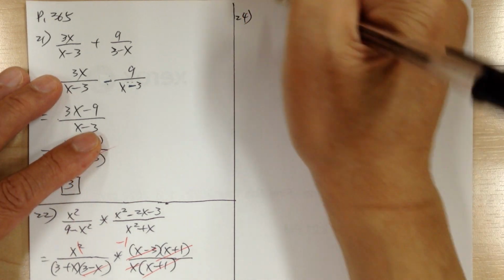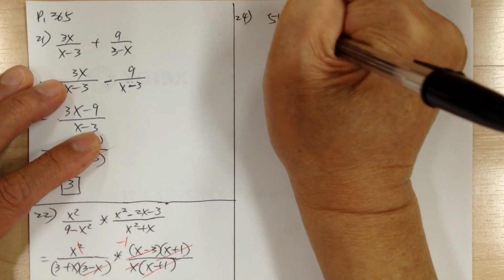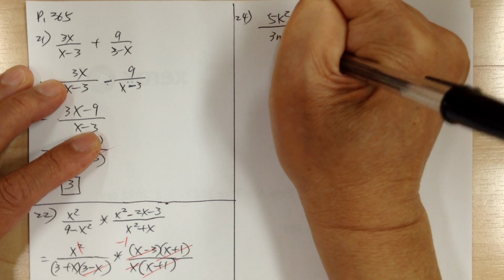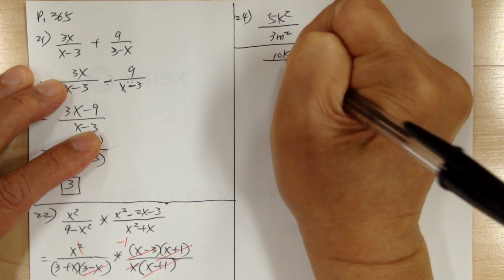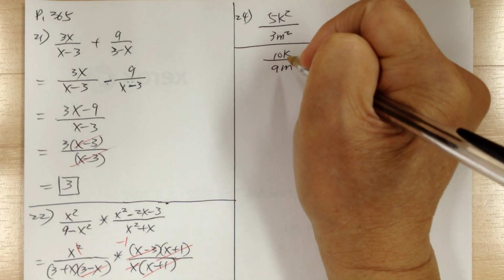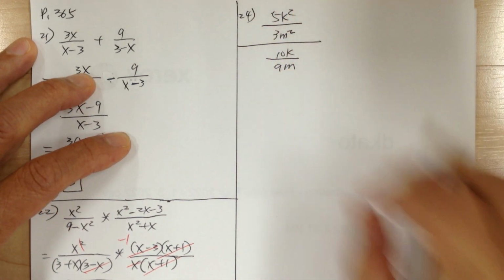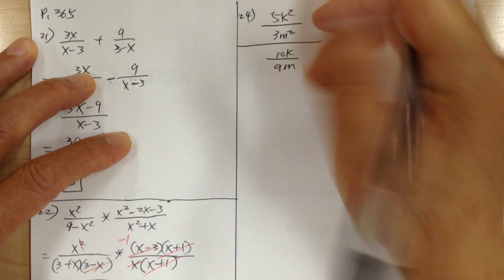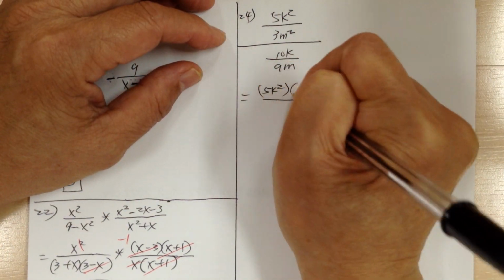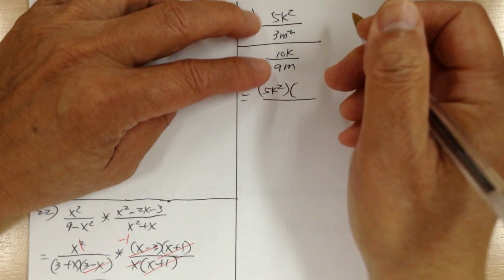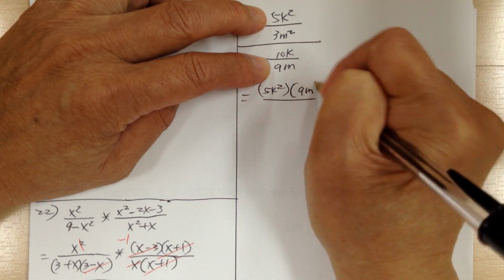Okay, 24. You have 5k squared over 3m squared over 10k over 9m. When there's no addition or subtraction, you can use the outer over inner. So the outside would be 5k squared, again I'm putting parentheses just to be safe, over 9m.